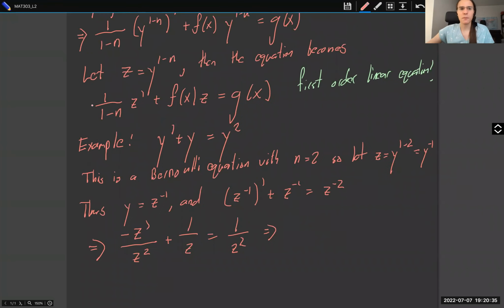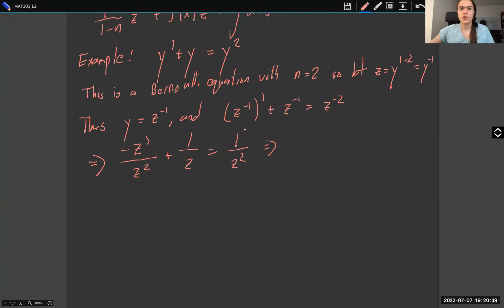So you're not allowed to pull out this formula and memorize it. Instead, you make the substitution, see that it becomes linear, and then you solve the linear equation. So I'm going to rewrite this as z prime minus z, because I multiplied everything by -1, is equal to 1, right?